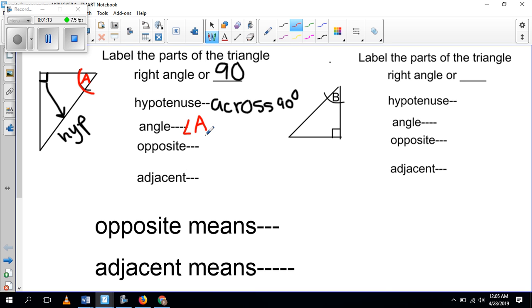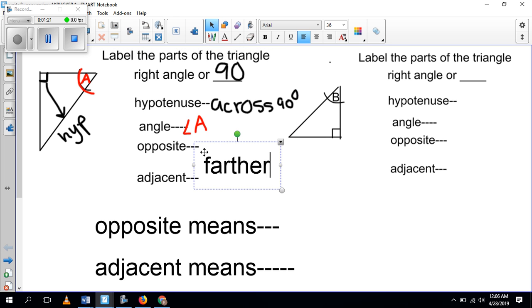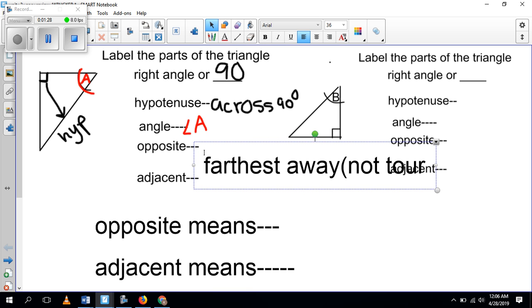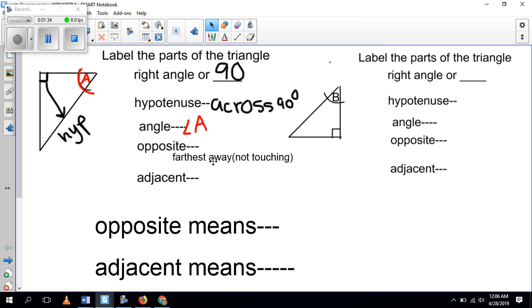Opposite means it's the farthest away from the angle and it's not touching. So if we look here, my angle is here.